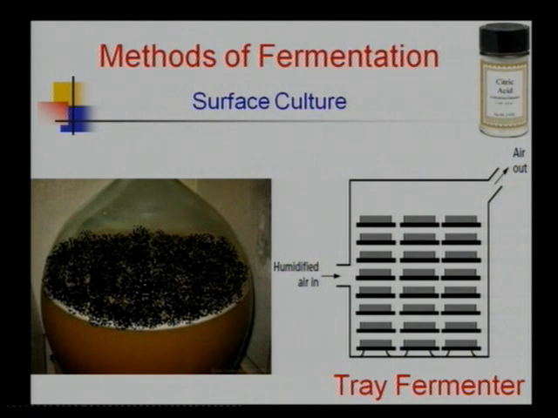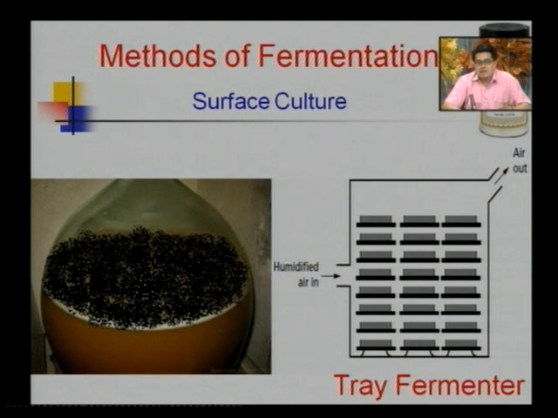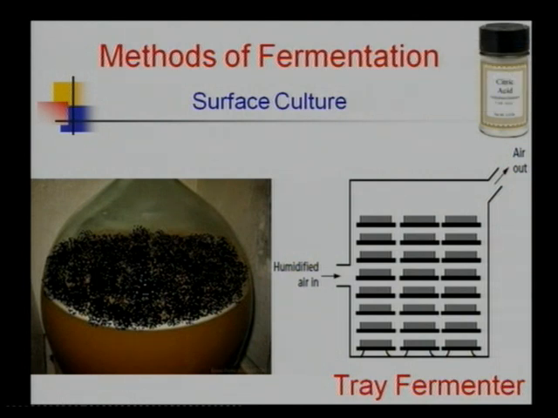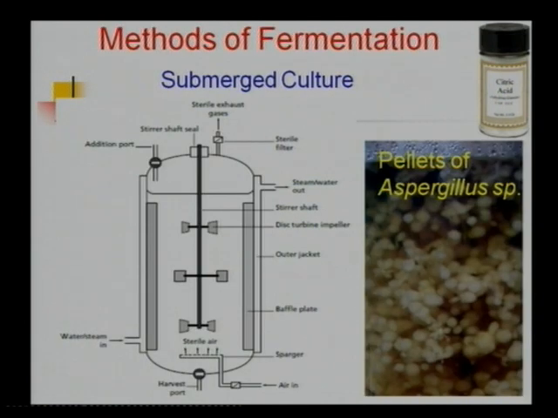Also, the generation of carbon dioxide can be controlled by circulating the air, and the fermentation process will be accomplished within 8 to 12 days. Once the fermentation is accomplished, the trays are unloaded for further recovery of citric acid. Now the other method, which is the most commonly employed for citric acid fermentation, is the submerged culture method.